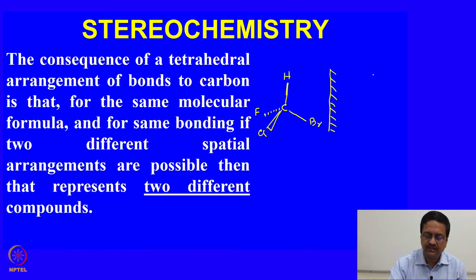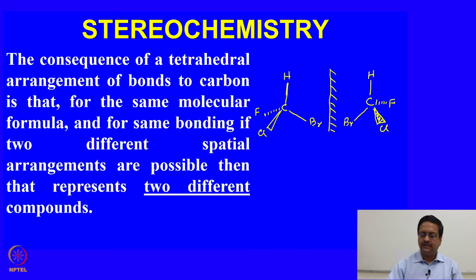If I draw the mirror image here, this hydrogen is connected to this carbon atom. The carbon atom is then connected to the bromine, which is on the plane of the board, and then I have two groups, chlorine above the plane of the board and fluorine below the plane of the board. And these two molecules are mirror images of one another, and they cannot be superimposed on one another.